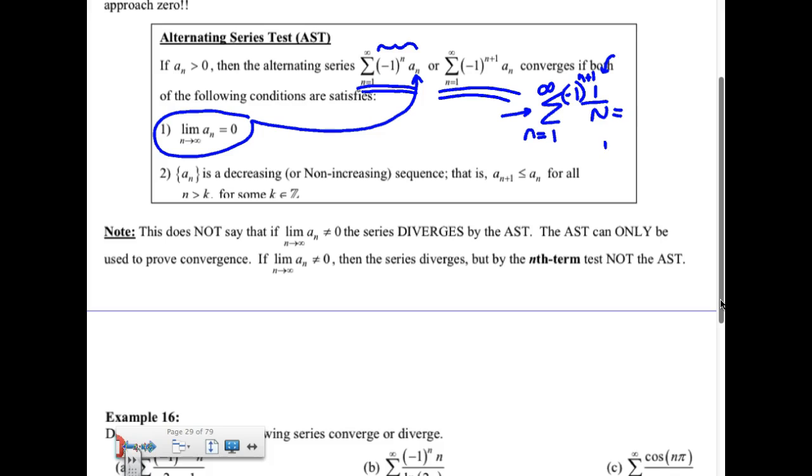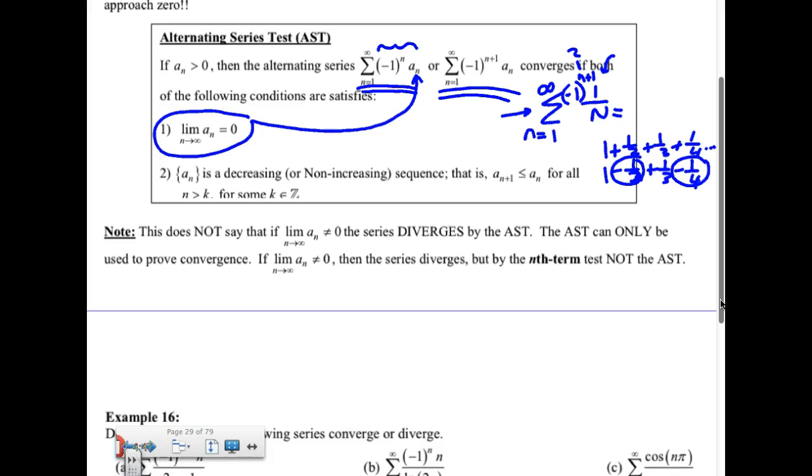Instead of being, without the alternator, 1 plus 1/2 plus 1/3 plus 1/4, which I know diverges, when I put in the alternator, I get 1, and then when n is 1, I get -1 to the second, which is positive, and when n is 2, I get -1 to the third, which would be minus, and then plus, and then minus. What happens when I put in that alternator is I end up subtracting every other term.